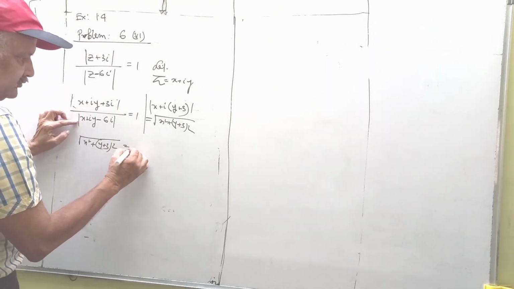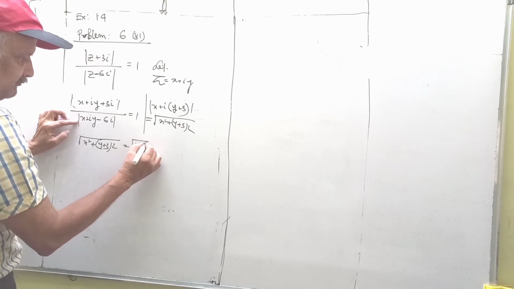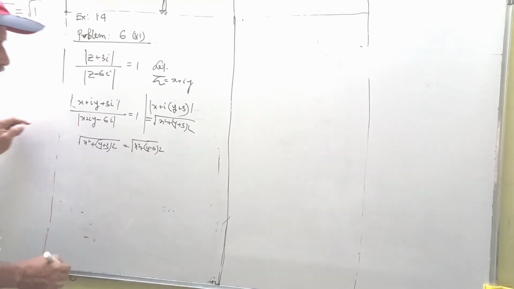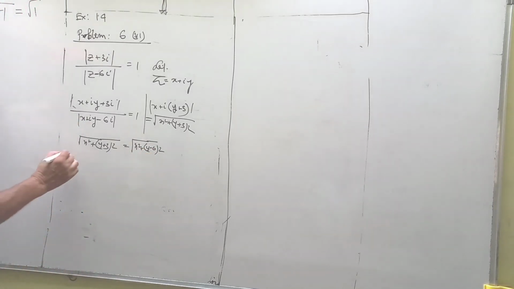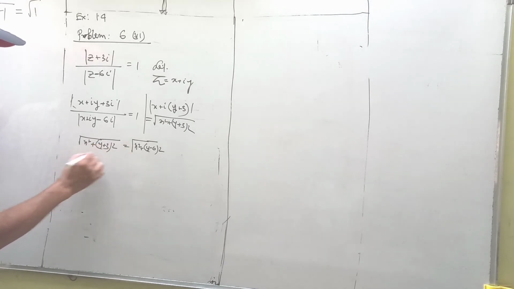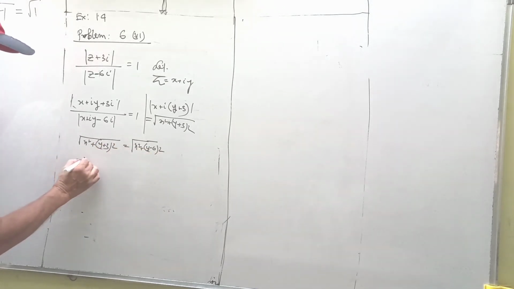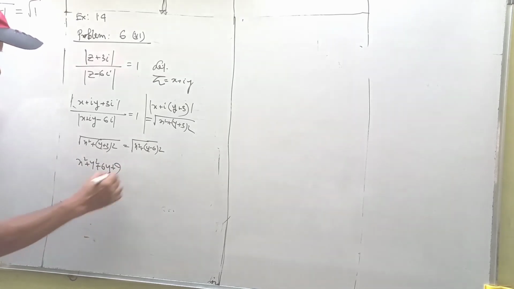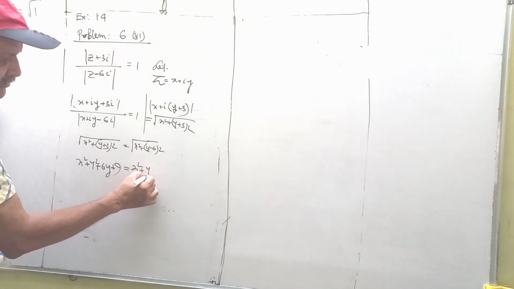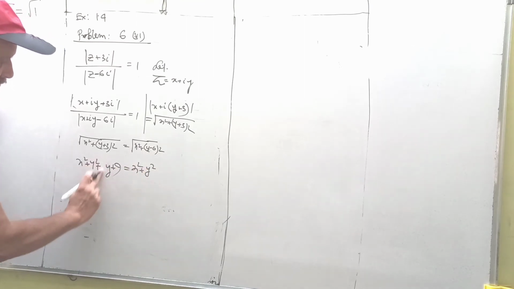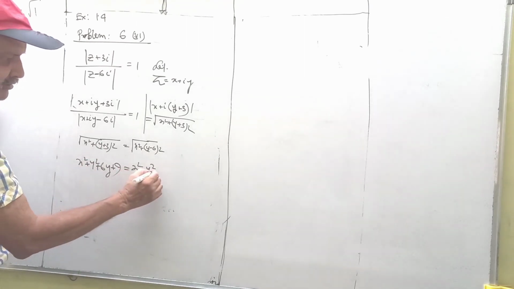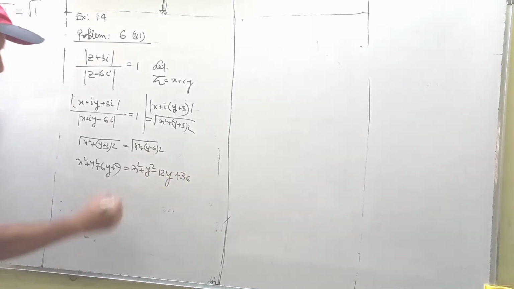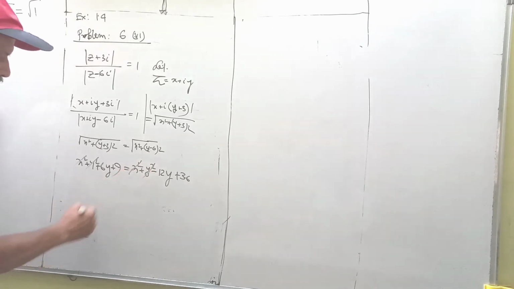Hence this equals x square plus (y minus 6) the whole square. Now squaring and simplifying: x square plus y square plus 6y plus 9 equals x square plus y square minus 12y plus 36. x square and y square cancel.